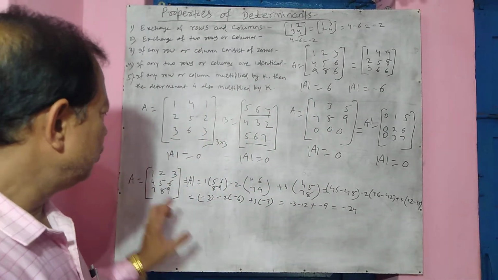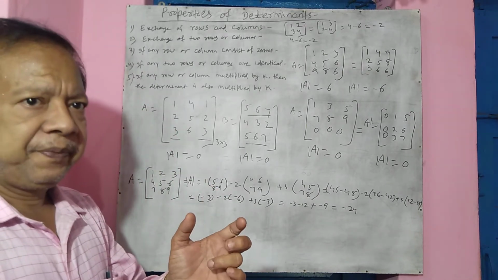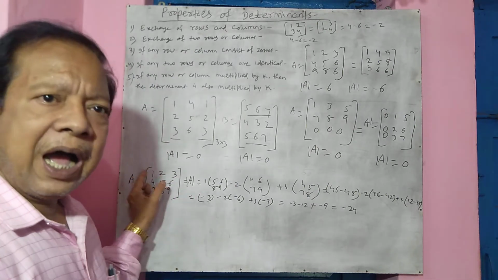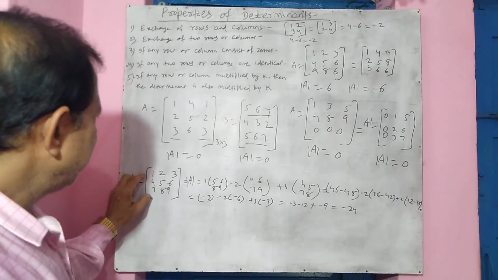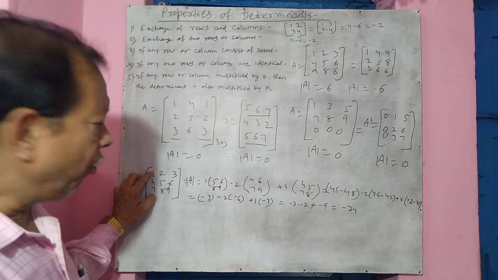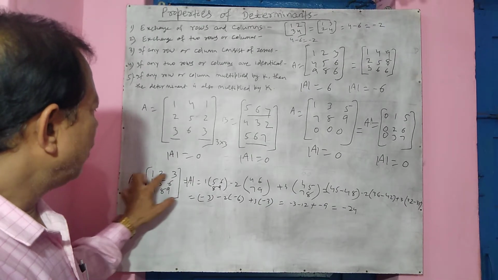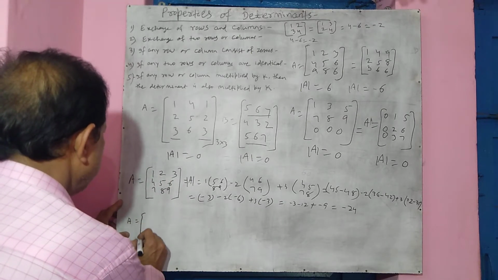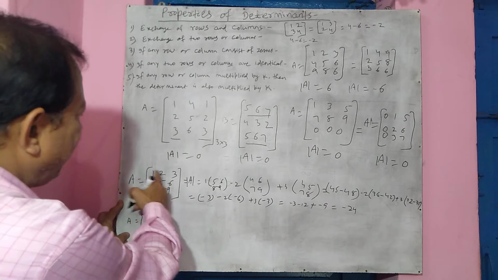Now what we will do? We will simply multiply a fixed constant k with either of the rows or columns. Let's say we'll just multiply 5 with all the elements of the first row. So now we get a new matrix. We multiply 5 with the first row.